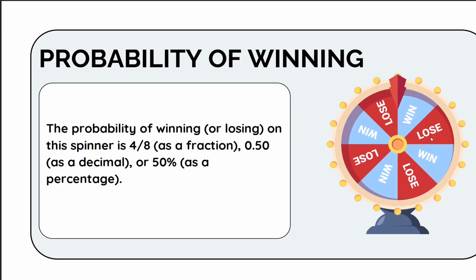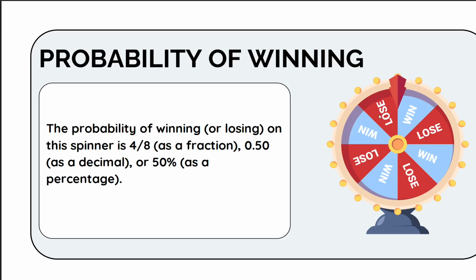Probability of winning. The probability of winning or losing on the spinner is 4 divided by 8 as a fraction, or 0.50 as a decimal, or 50% as a percentage. Now let's see why. In this circle, we can clearly see 1, 2, 3, 4, 5, 6, 7, 8.